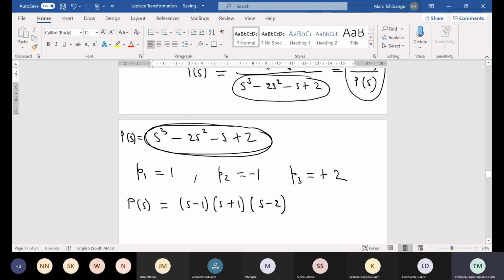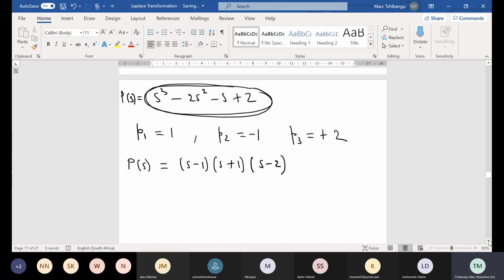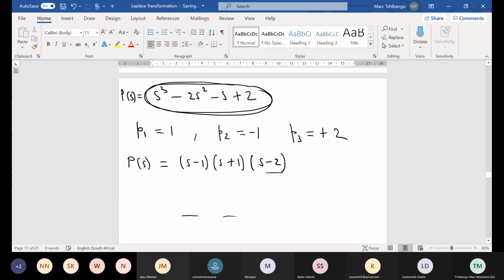So we can now substitute these factors into the given function. Y of s will be equal to s squared minus s minus 6 over s minus 1, s plus 1 into s minus 2.